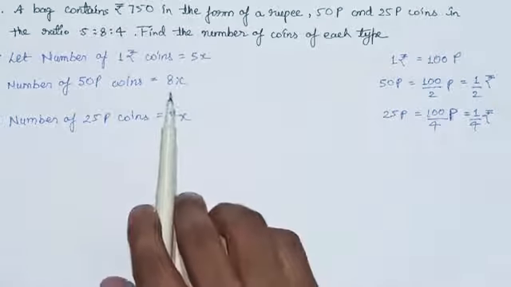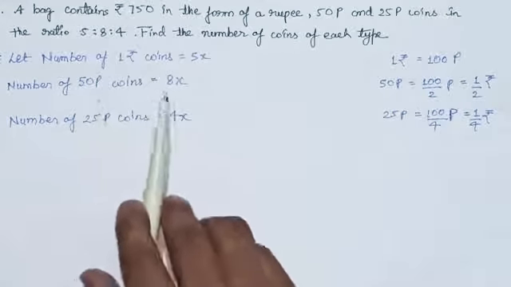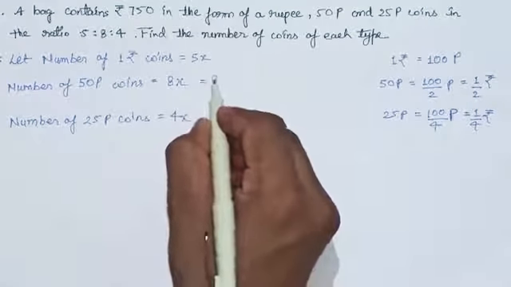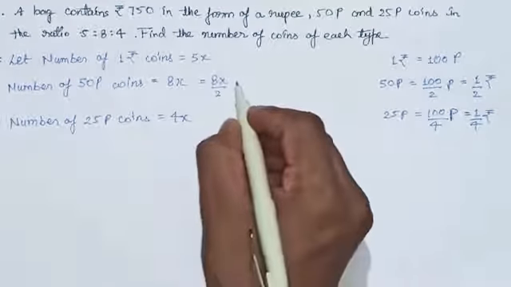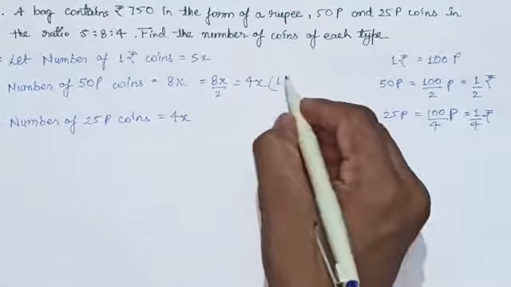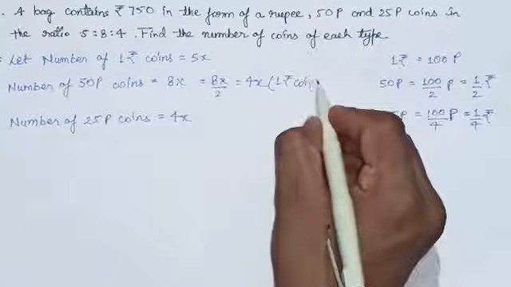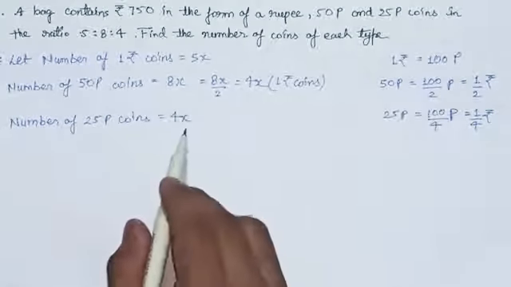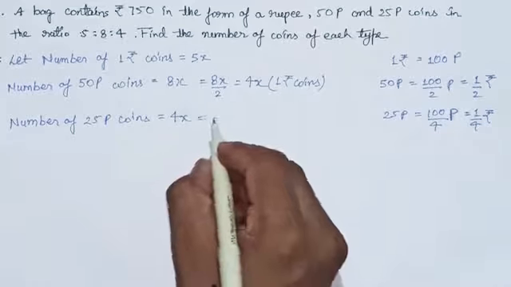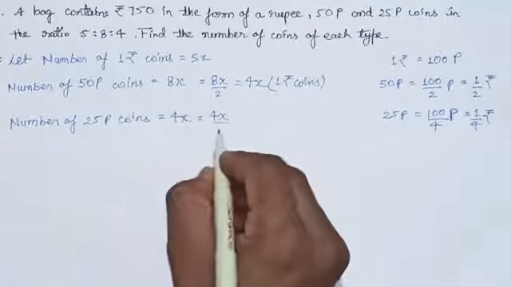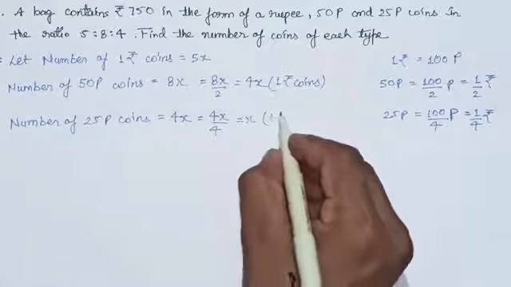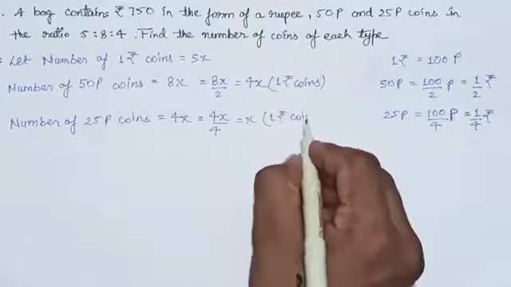So if there are 8x number of 50 paise coins, then it can also be written as 8x by 2, that is 4x number of 1 rupee coins. And if there are 4x number of 25 paise coins, then it can be written as 4x by 4, that is x number of 1 rupee coins.